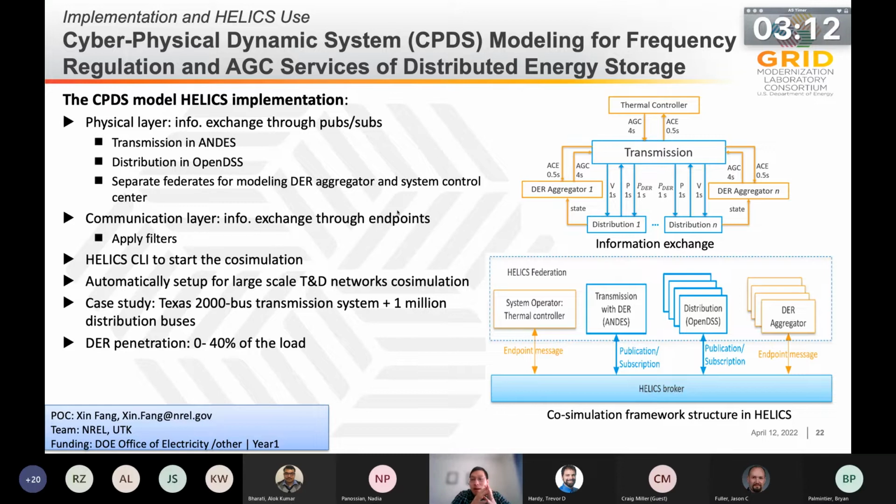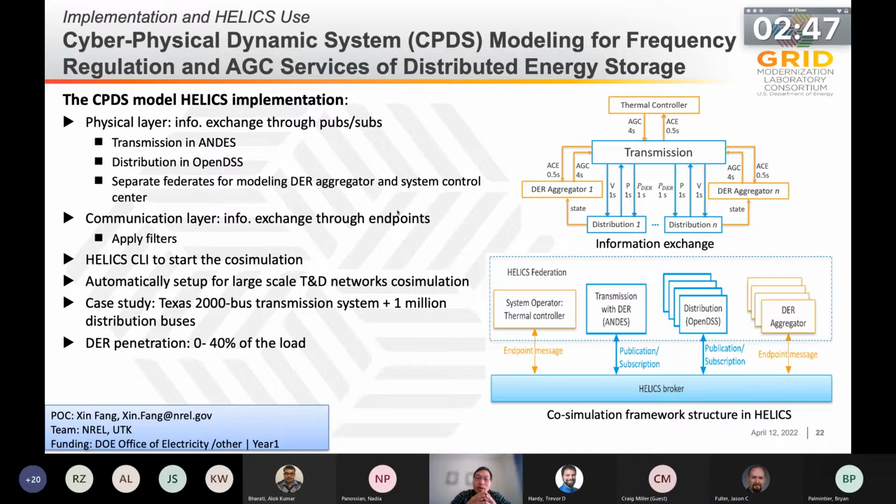The information exchange is shown in the upper right figure. You can see that every 1 second, the active power and voltage are exchanged between the transmission and distribution simulators. And every half second, the system dynamic metrics like the frequency deviation and the ACE signal are sent out to the control center, and the control center calculates the AGC signal and sends it to the conventional generators and the DER aggregators.